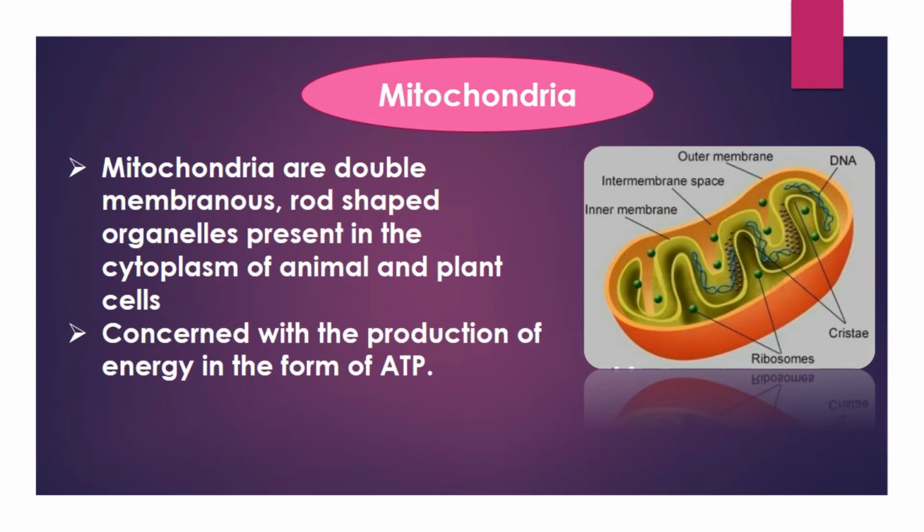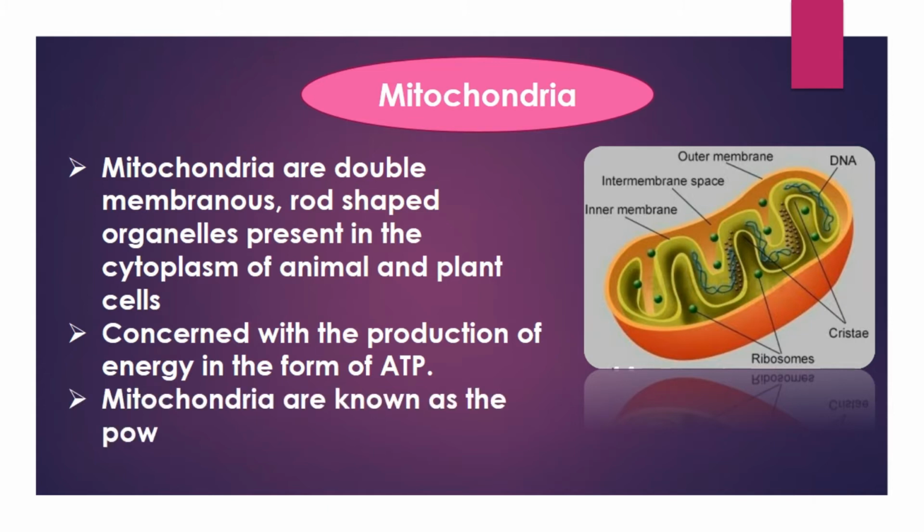And this part of respiration which takes place in a cell is called cellular respiration. Or we can say that mitochondria are the site of cellular respiration. As these organelles are concerned with the production and supply of energy, they are known as the powerhouses of a cell.